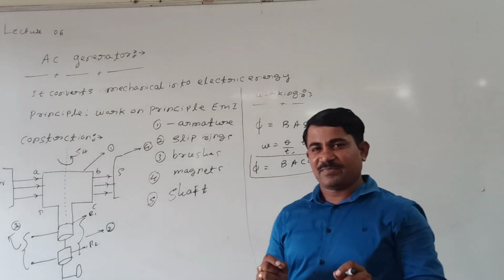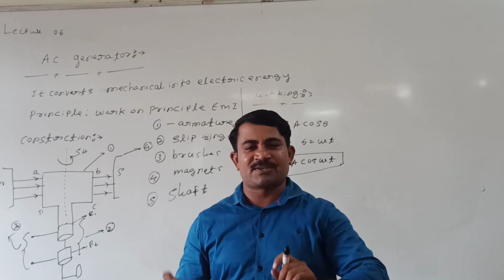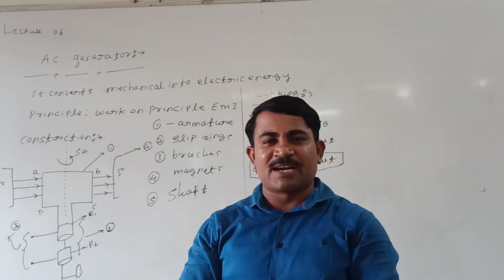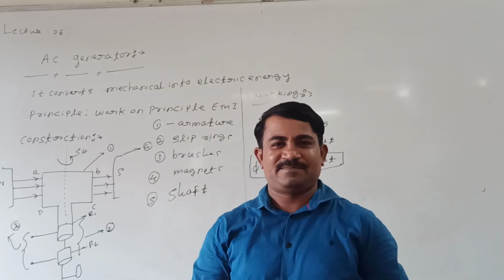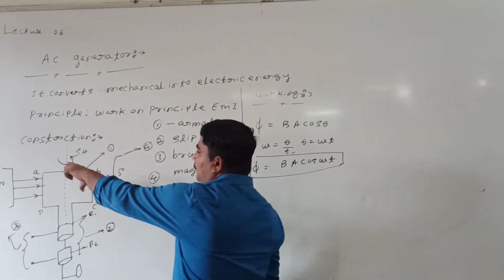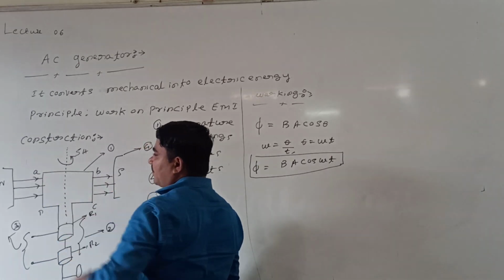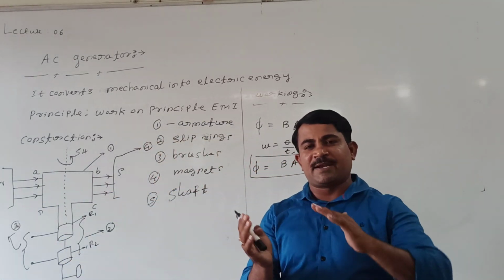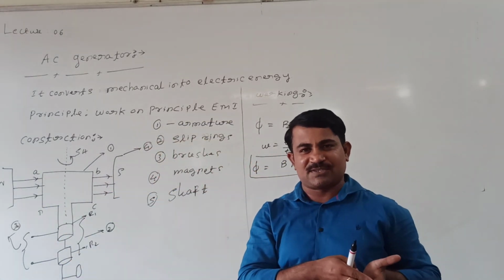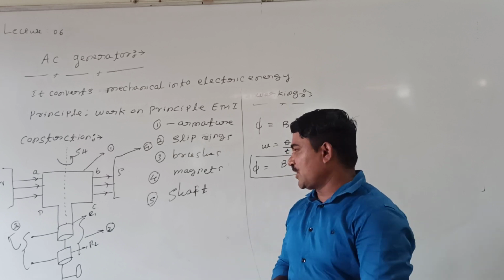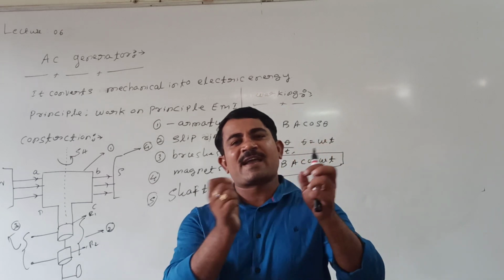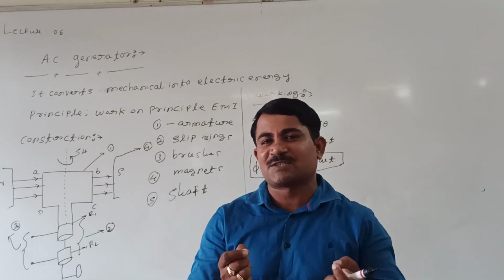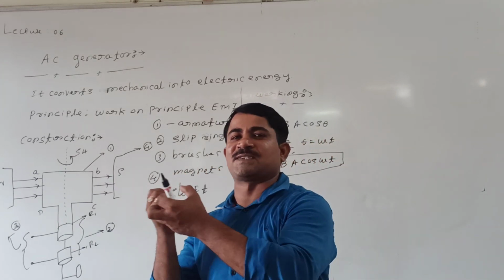According to electromagnetic induction, whenever the magnetic flux linked with a coil changes, an EMF is induced in the coil. See here. During the rotation of the coil, the orientation of the coil changes. I mean, the angle of rotation of the coil changes. When the angle of rotation changes, the magnetic flux linked with the coil changes, and an EMF is produced in the coil.